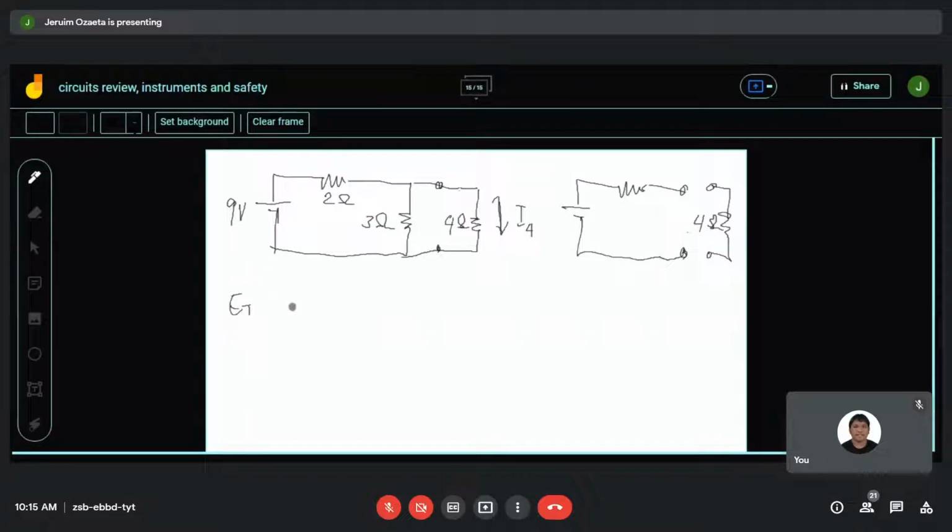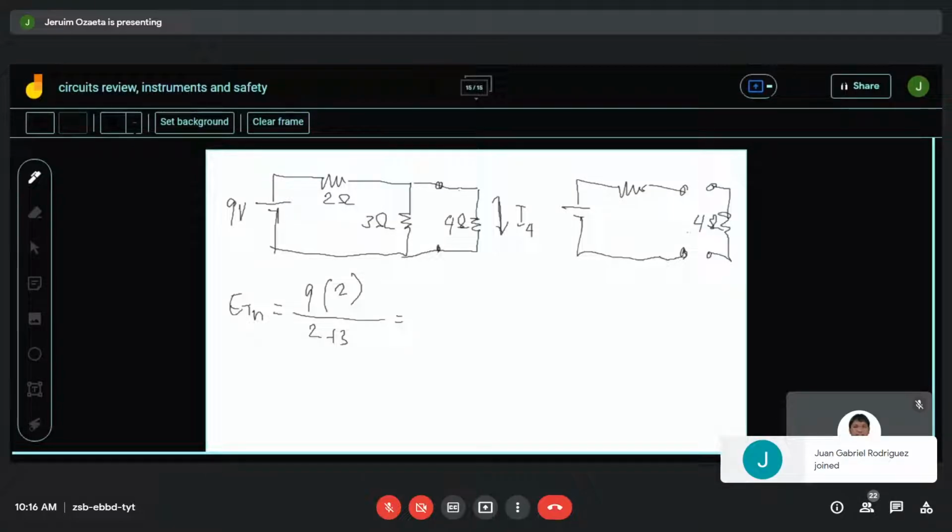E Thevenin equals 9 volts times 2 ohms over 2 plus 3 equals... clear, 2 times 9 divided by 5, 3.6.